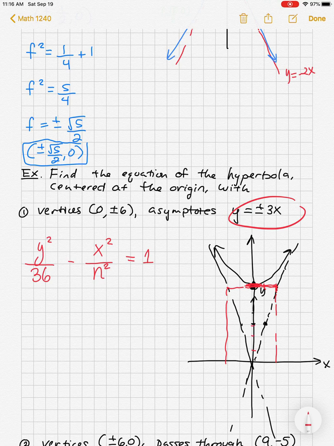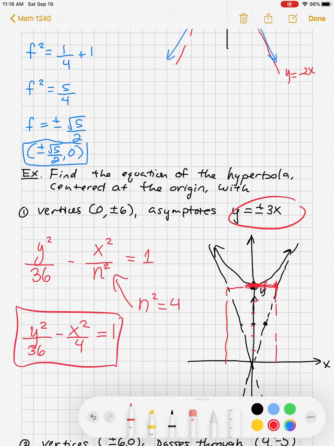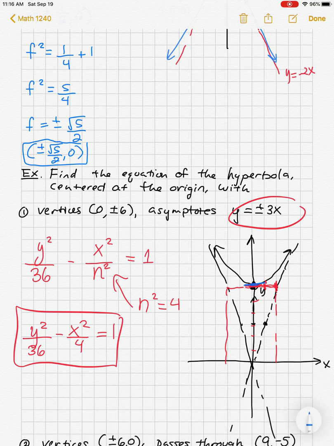When I go up and down, 1, 2, 3, 4, 5 by 6, I have to go left and right by 2. So wouldn't the number underneath here have to be a 4? Because look, y squared over 36 minus x squared over 4 equals 1. So how would I graph the asymptotes? I'd go up and down by 6, that's here, left and right by 2. That would give me the asymptotes that I have in this picture.